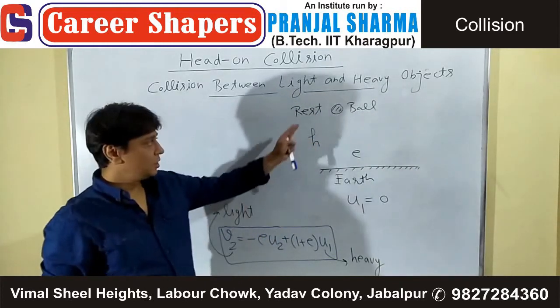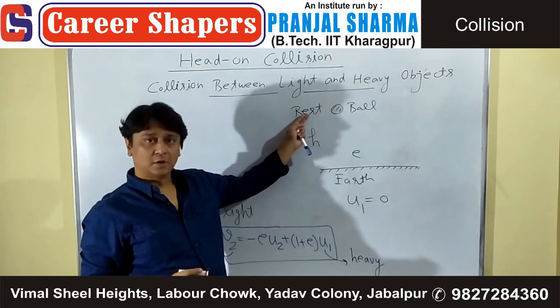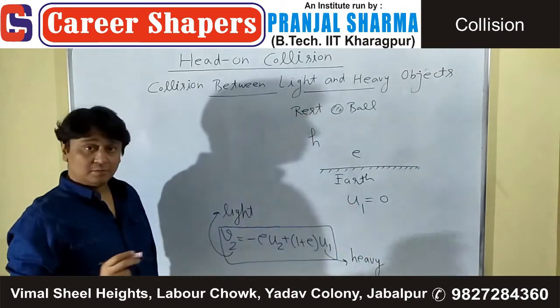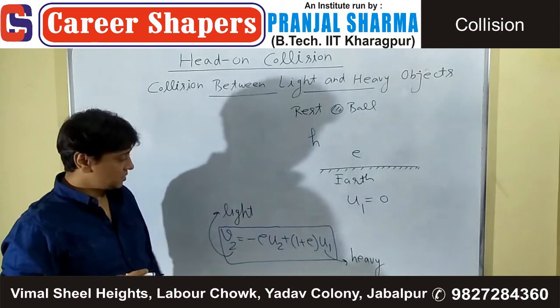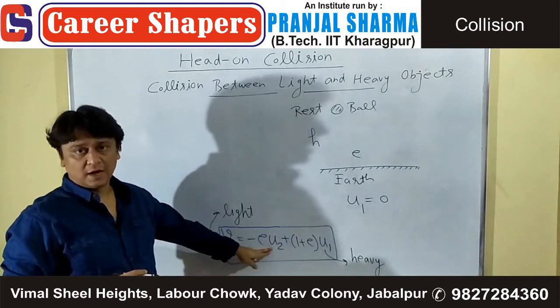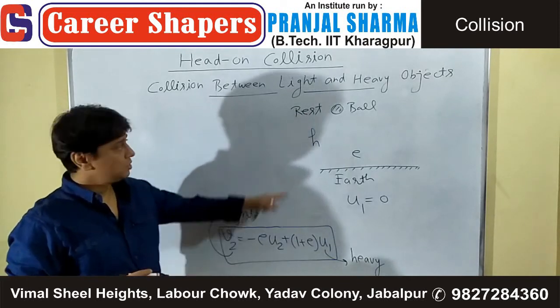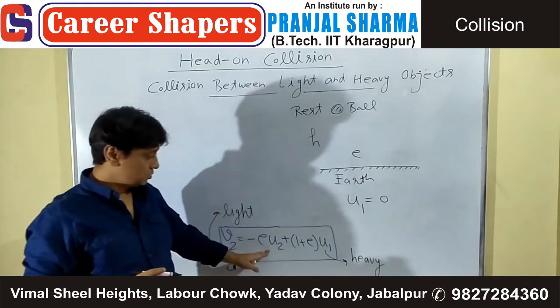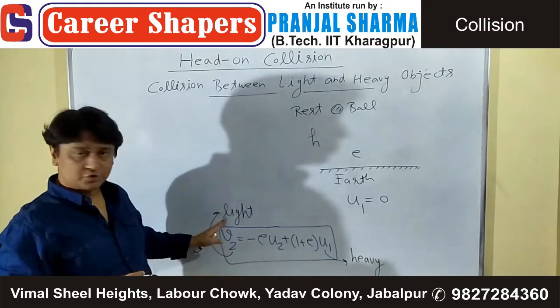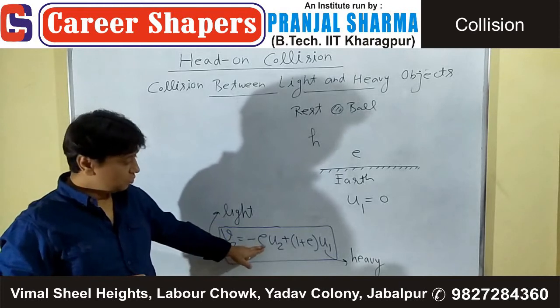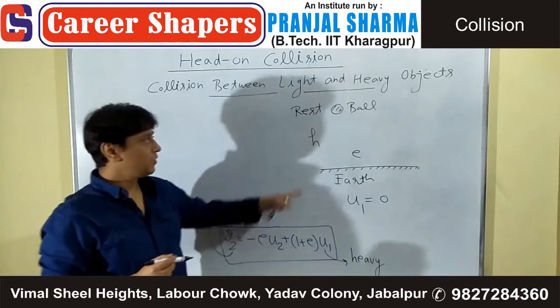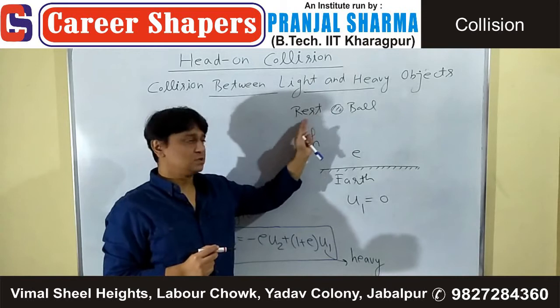Once I say ball is at rest, some people take u2 as 0. 2 is the velocity of light object, u initial. They go for u2 as 0.